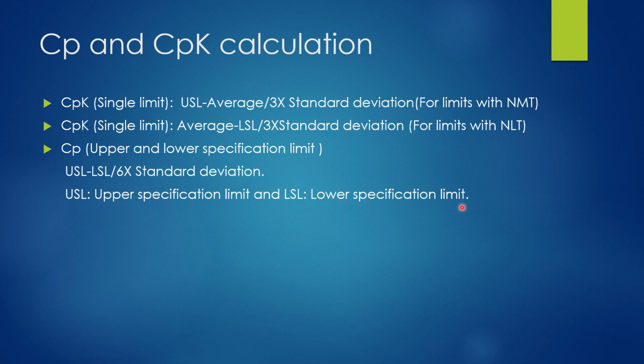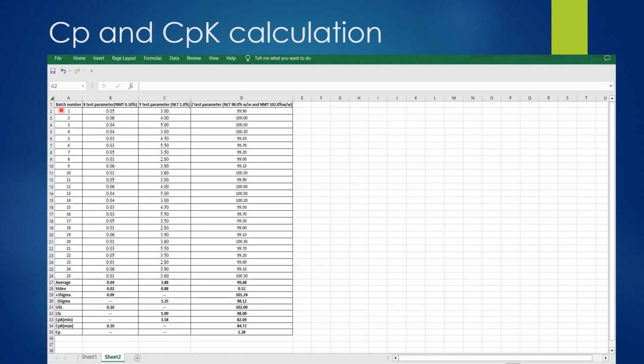So these are the formulas that we are going to use to calculate the Cp and CpK while preparing APQR. Let us see how we are going to apply them through an Excel sheet or through the software. The batch number, X test parameter not more than 0.10%, Y test parameter not less than 1.0%, Z test parameter not less than 98.0% weight by weight and not more than 102.0% weight by weight.